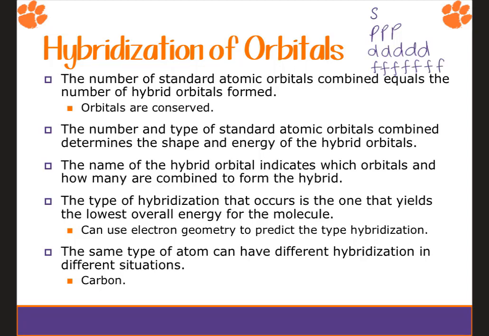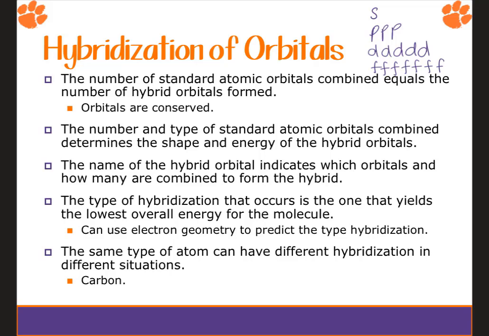All right, so keep those numbers in mind as we go through. The number of standard atomic orbitals, if you add them all together, equals the total number of hybrid orbitals formed. So you can't create new orbitals just because you're combining things. You have a limit.